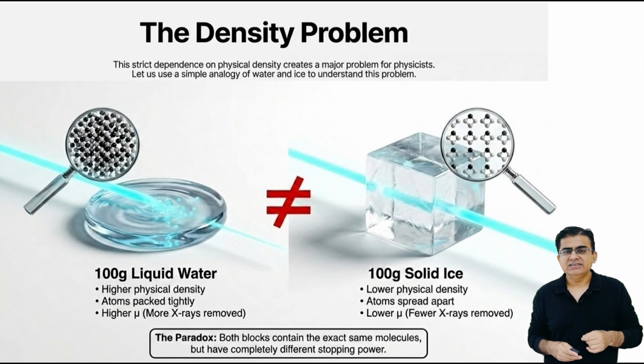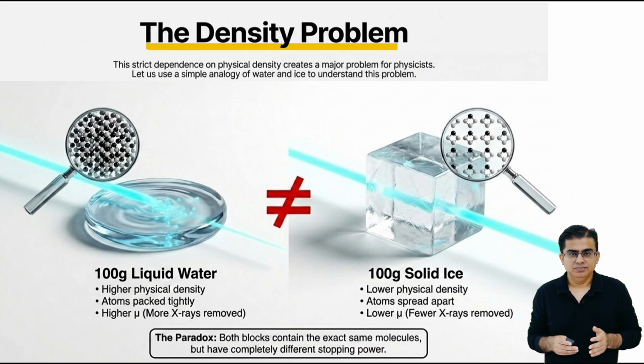Let us see why density of a material creates a problem. Let us use a simple everyday analogy to understand this density problem. Imagine we have exactly 100 grams of water. Now imagine we freeze that exact same 100 grams of water into a solid block of ice.